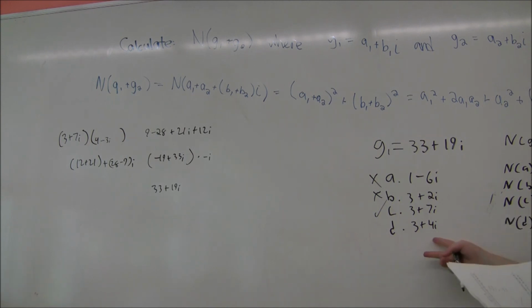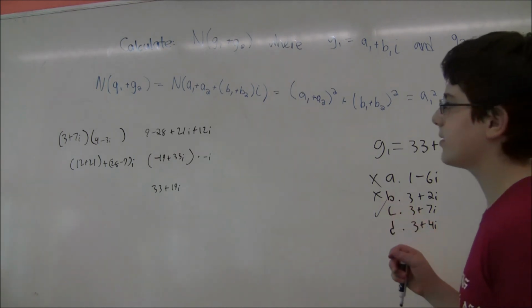Looking at the next one, 3 plus 4i. We know that we need a number with a norm of 58. Could you continue from here? Because you already got some factorization, right? Exactly. When we already tried with 3 plus 4i, we got a number that worked.